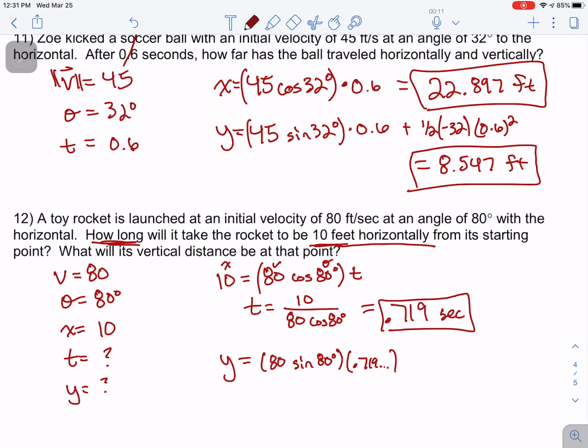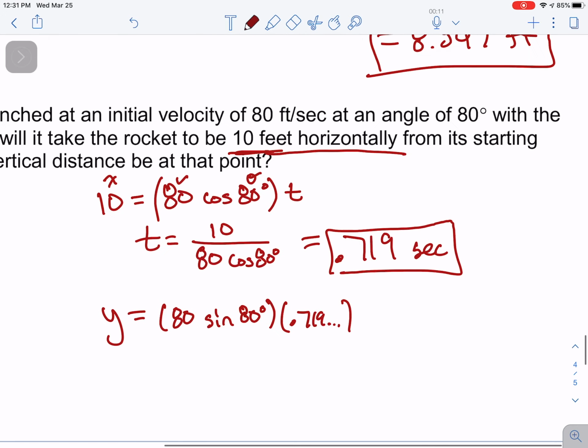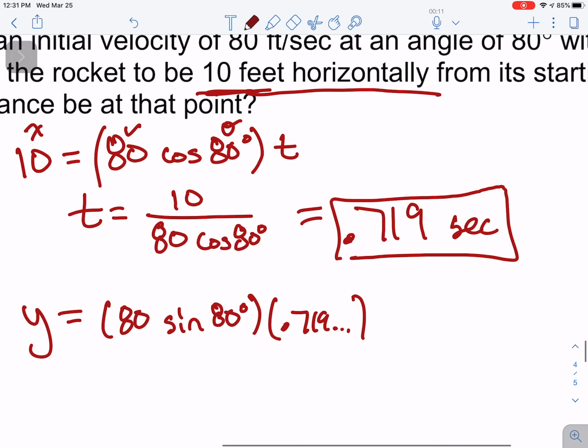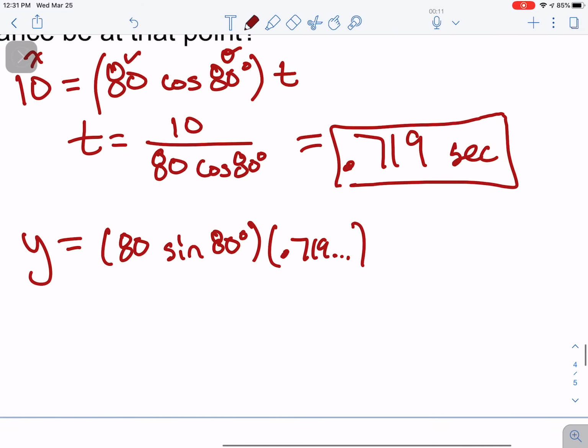Anytime I have that, it just means I need to plug in the whole value and not just the rounded value, because you'll get an incorrect answer. Your calculator gave you 7 digits, like 0.719 and so on. All those digits need to be spoken for when you go through this problem. So you would just scroll up and re-pull that number. It means not just the 0.719, it's actually all those digits.